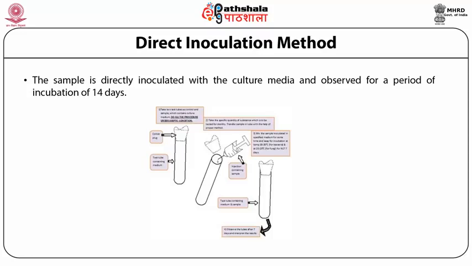Proper aseptic conditions have to be maintained, and the test tube is generally put in the incubator at 37 degrees for 1 week. After 1 week, if we find any turbidity or growth inside the tube, that indicates the sample is not properly sterile, or the sample contains microorganisms in the preparation.